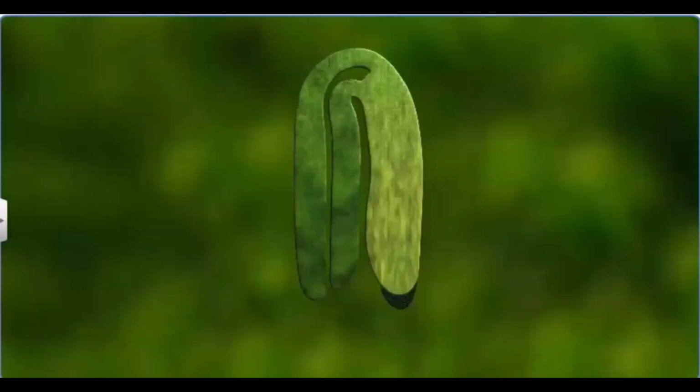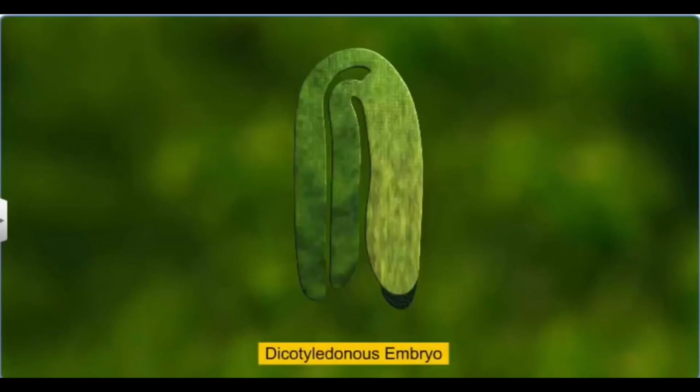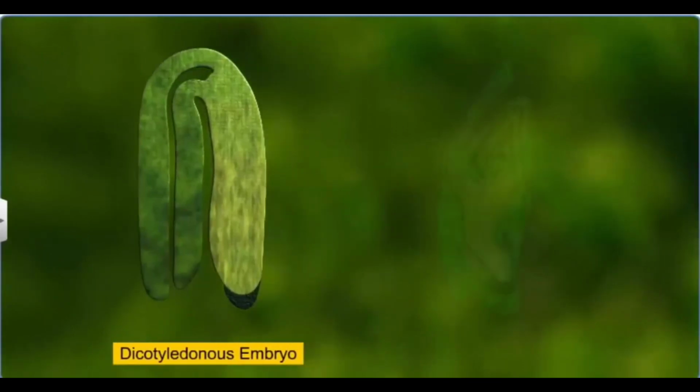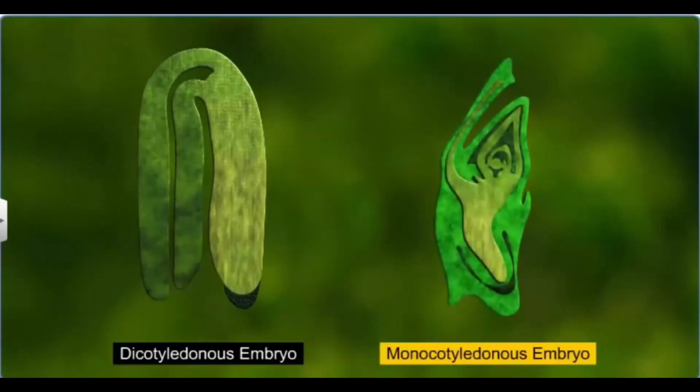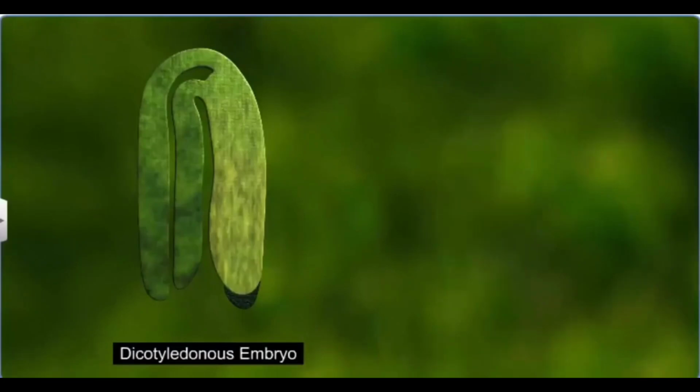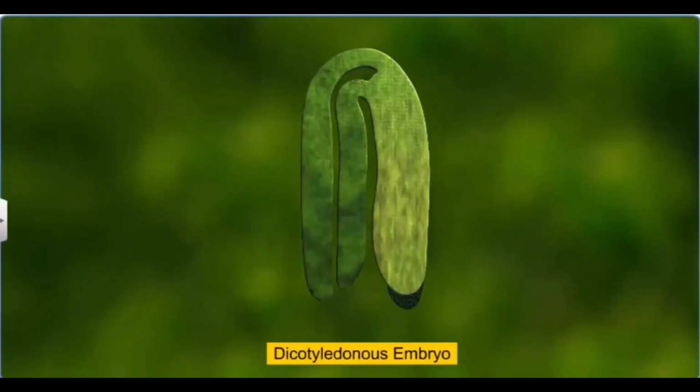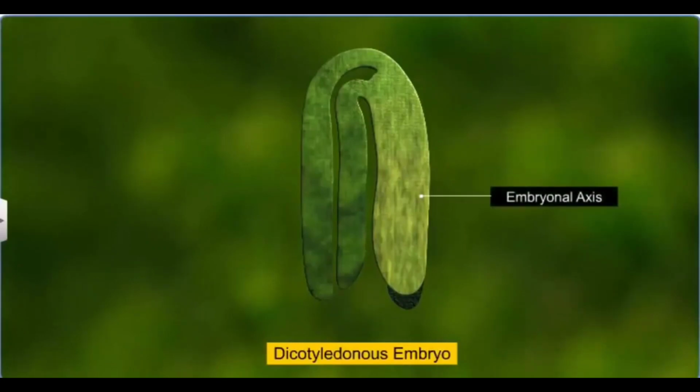The structure of a mature dicotyledonous embryo is nonetheless different from that of a monocotyledonous embryo. A dicotyledonous embryo, for instance, consists of an embryonal axis and two cotyledons.